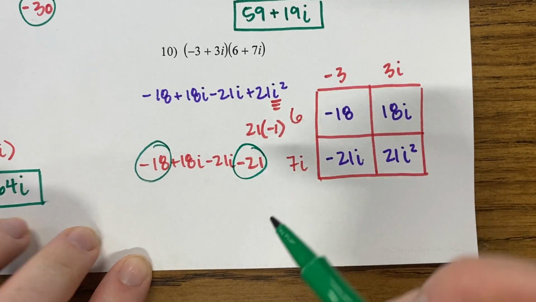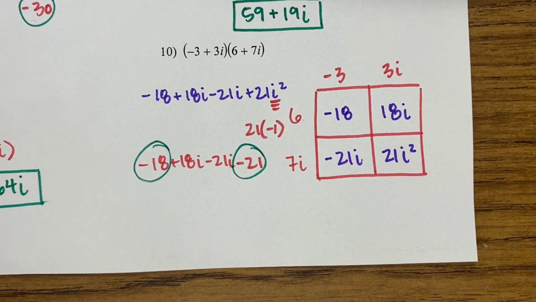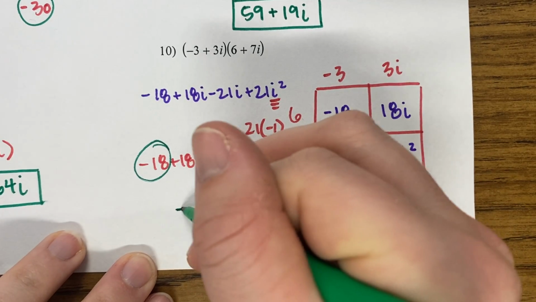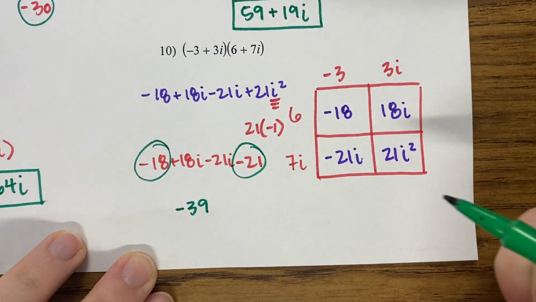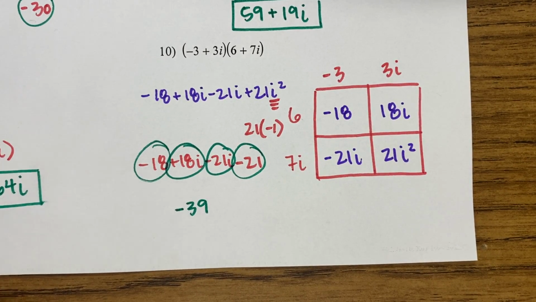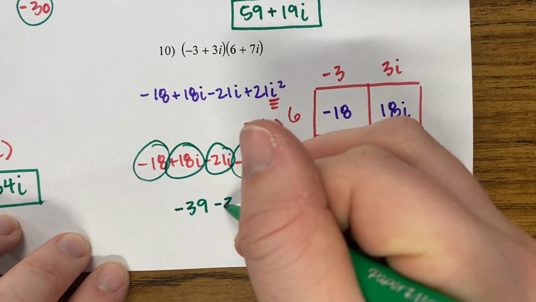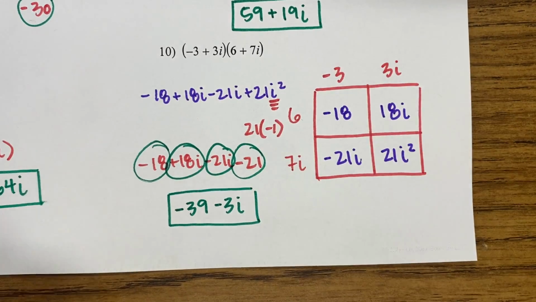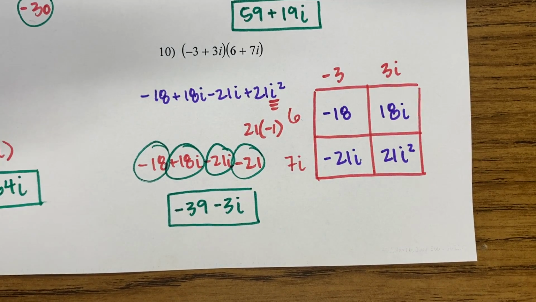Negative 18 minus 21 more. So think you're getting more negative here. This is going to be negative 39. And then 18 minus 21 is going to give me negative 3i. And there we go. Those are your notes for today.